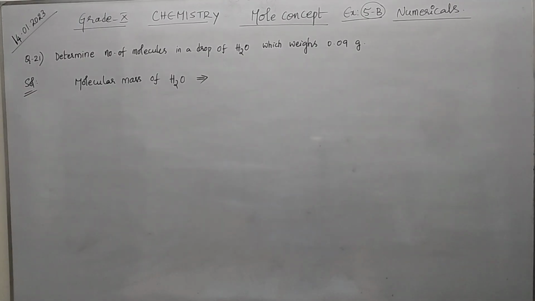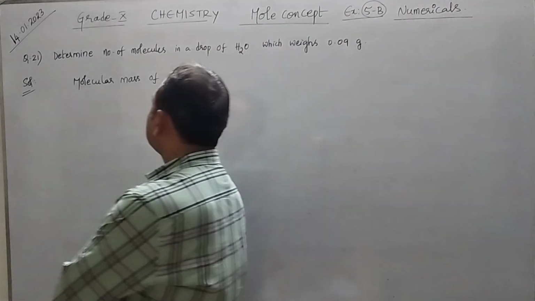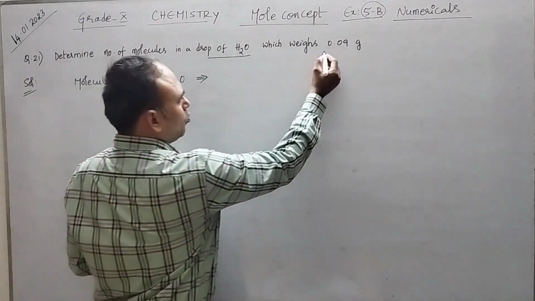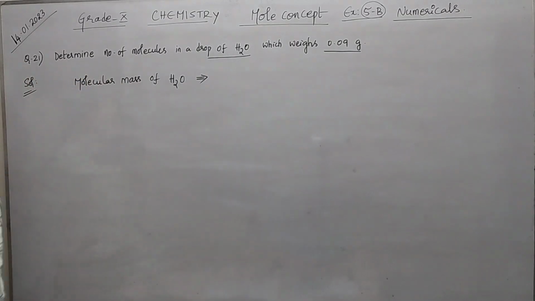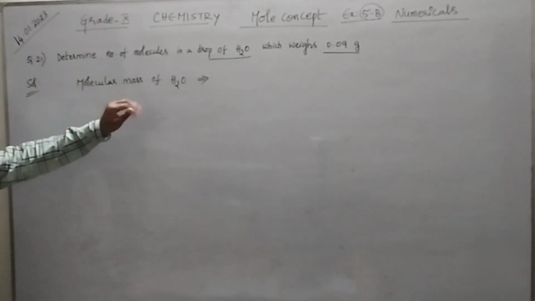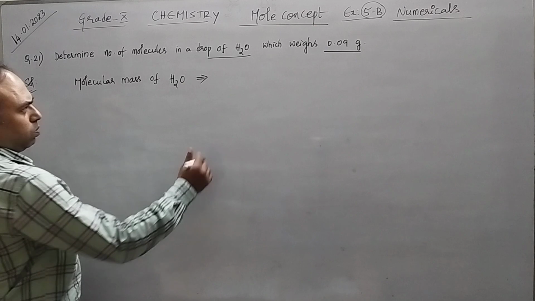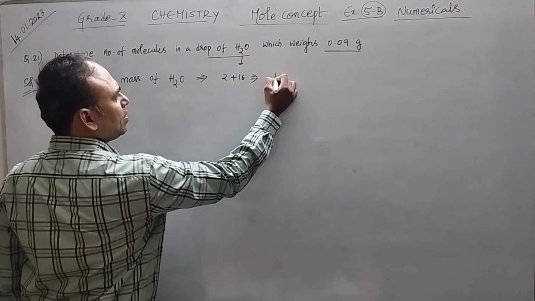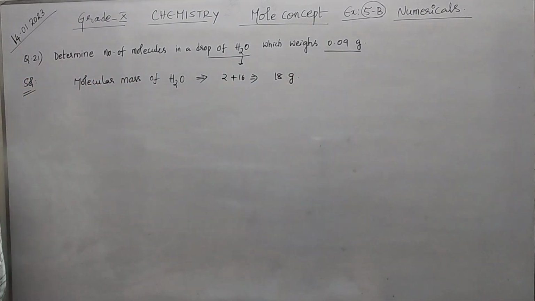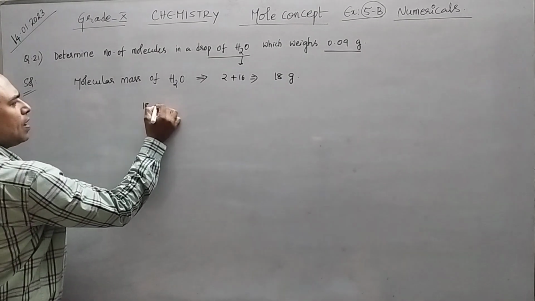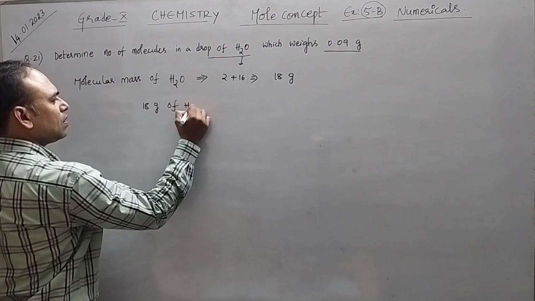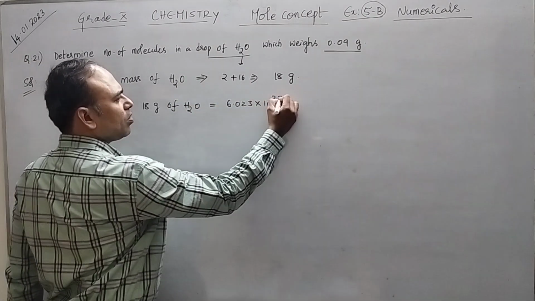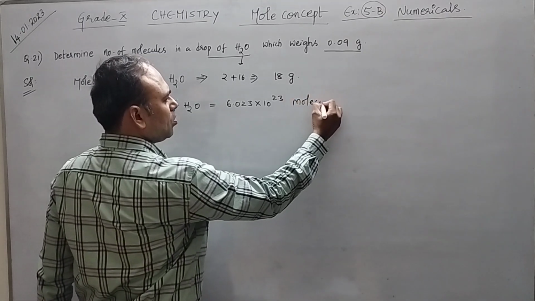Now try to solve question number 21. They have mentioned determine number of molecules in a small drop of water which weighs 0.09 grams. First and foremost thing, what is the molecular mass of water? So if you calculate this, 2 plus 16, nothing but you will get 18 grams. So according to this, we know that 18 grams of water has Avogadro number 6.023 into 10 to the power of 23 molecules.